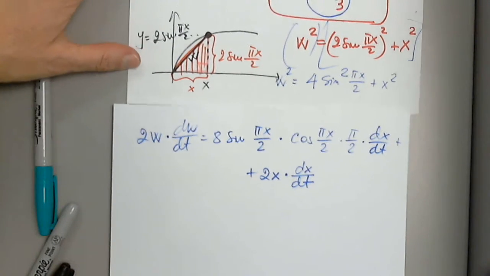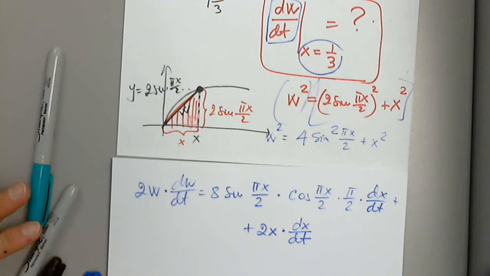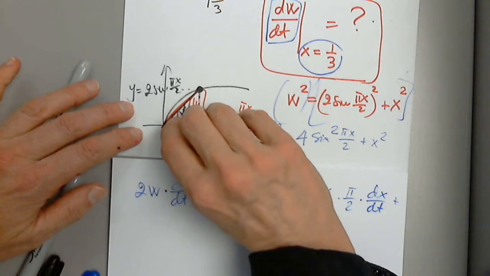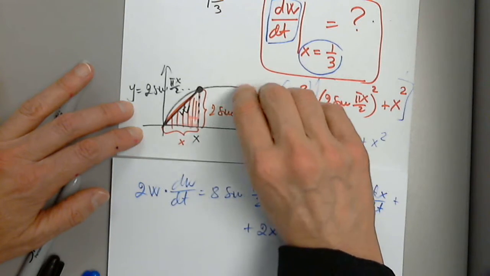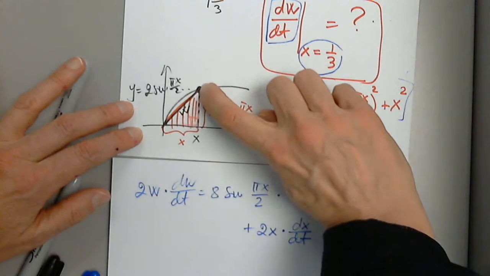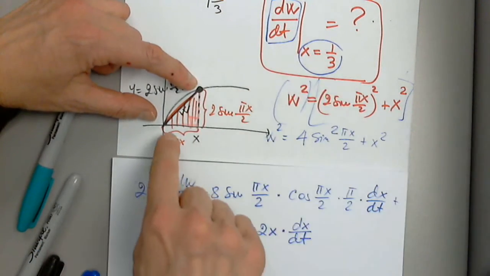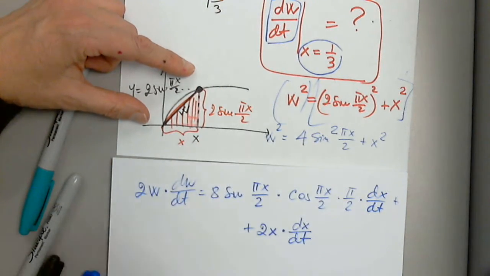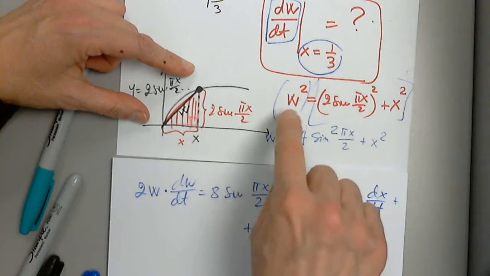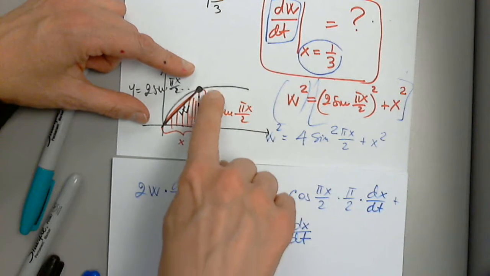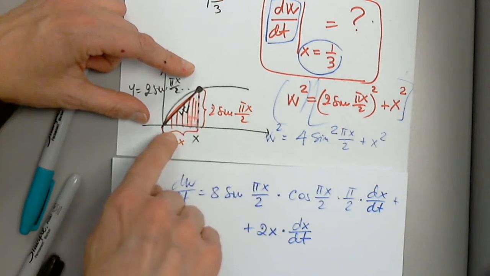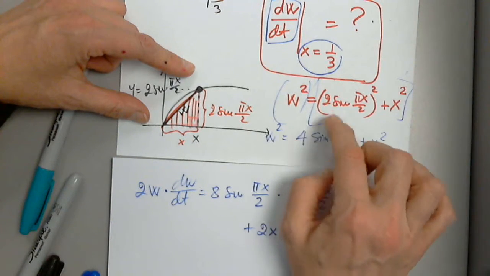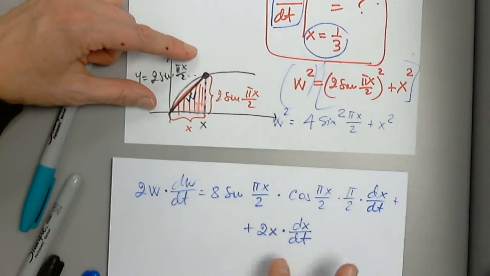One more time, let's start from the beginning. Make sure this is clear. So we obtained a relationship. The particle moves anywhere on the curve. And I'll say, stop, Mr. Particle. And at this instant, I see x, I see y, and I see w. For this right triangle, I write w squared equals the height squared plus the other leg squared. So when I square this, I get 4 sine squared, and then x squared is x squared.